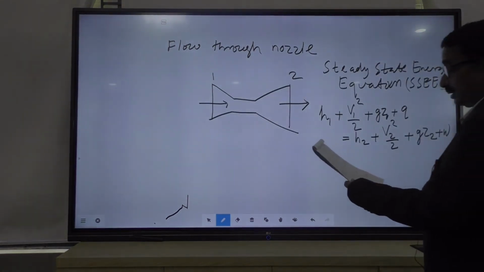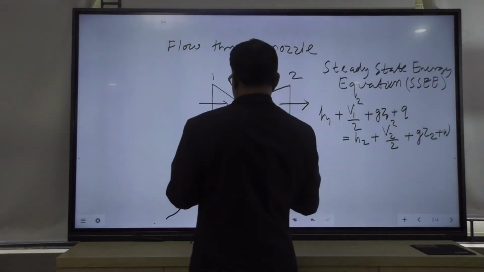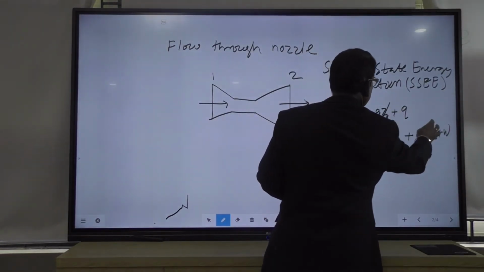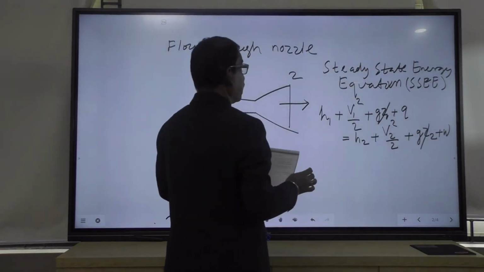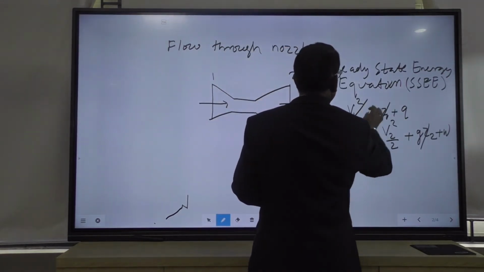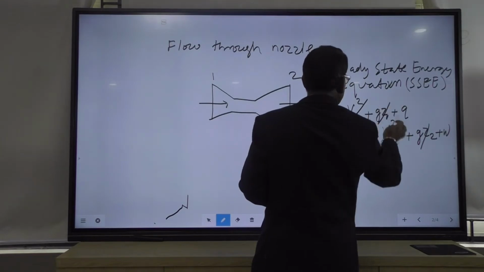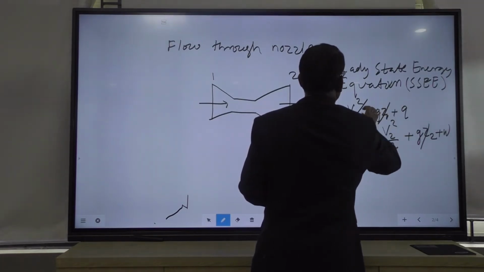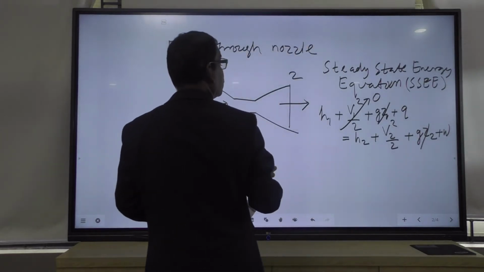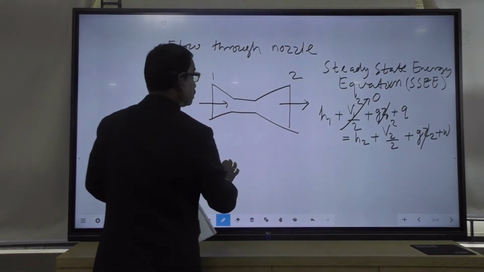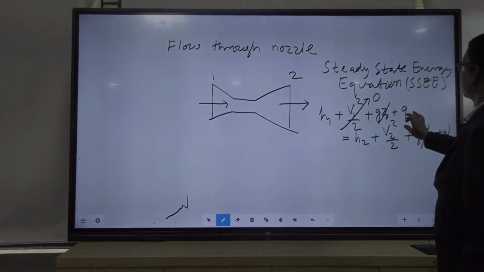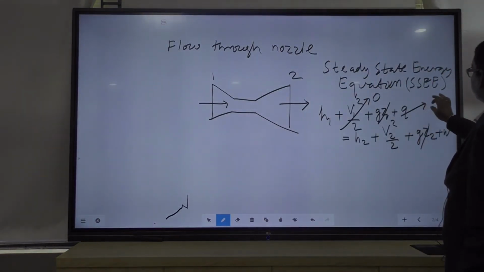Now, we will simplify this. Here gZ1 is equal to gZ2 because it is horizontal, and the approach velocity V1 is negligible compared to the outlet velocity. This approach velocity tends to 0. Also in the nozzle there is no heat transfer, so heat transfer is 0.